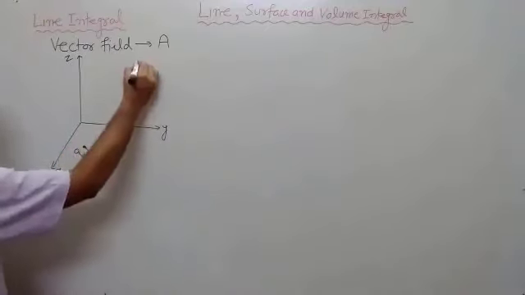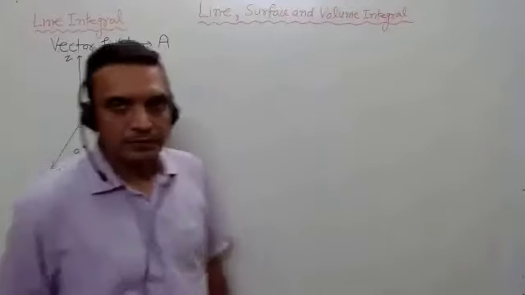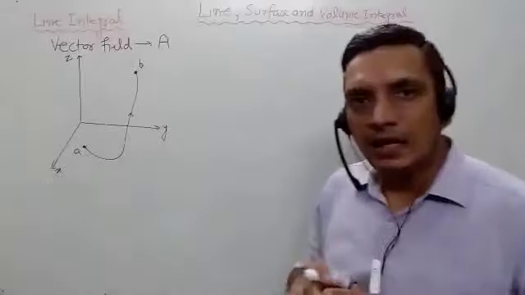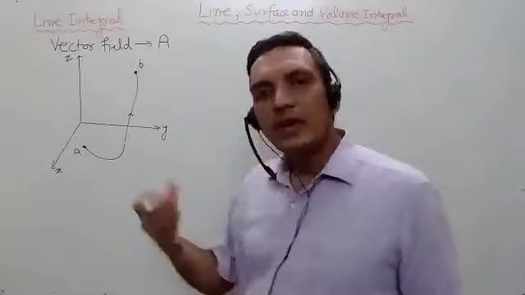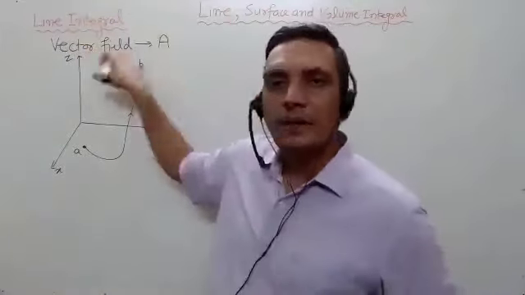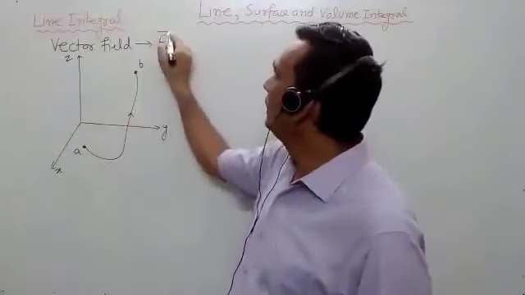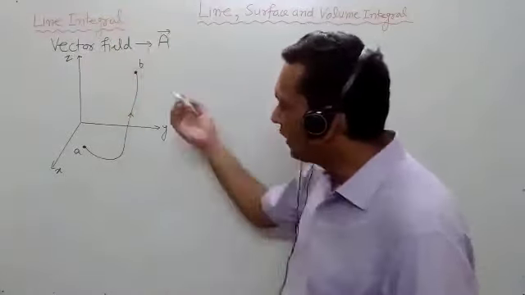This point is A and this point is B, and this path is specified. So you have to find line integral in some vector field. That vector field may be an electric field or magnetic field, that we will discuss. So in general, I am taking some vector field A. So how to define line integral in this vector field?